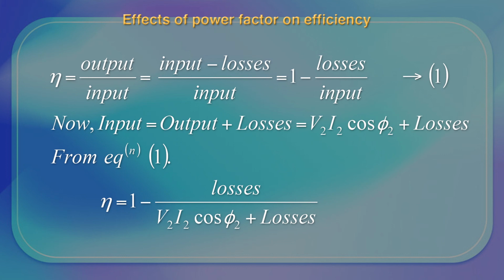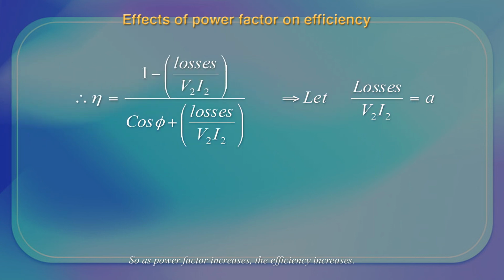So from equation 1, the efficiency is equal to 1 minus losses upon V2I2 cos phi 2 plus losses. So efficiency can also be written as 1 minus (losses upon V2I2) upon (cos phi plus losses upon V2I2).